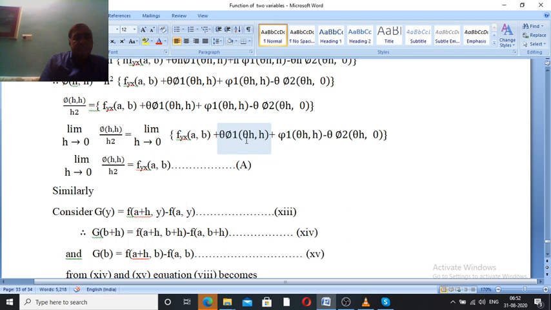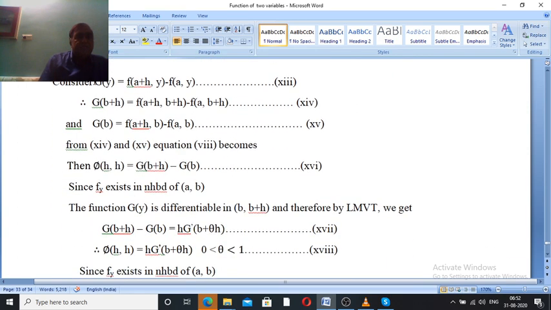And the limits of φ1(θh, h) is 0, ψ1(θh, h) is 0, φ2(θh, 0) is 0 as h tends to 0. Therefore, this total expression is 0. This is constant with respect to limit h tends to 0. Therefore, we write directly f_yx at point (a,b). Suppose this is equation 1.